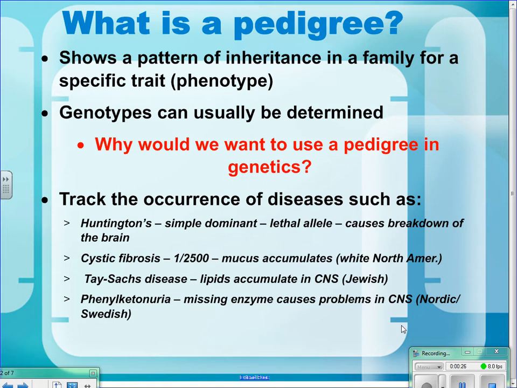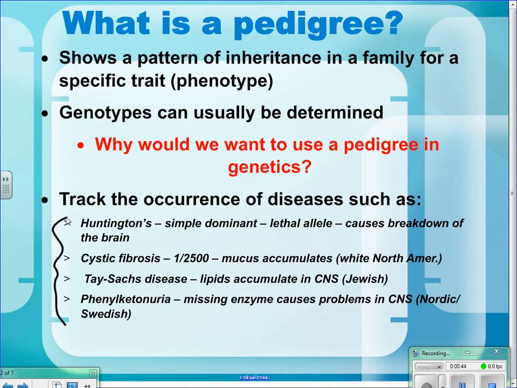Now, what would be some benefits to using a pedigree? One of the big benefits that medical professionals use is to track the occurrence of diseases. There are a couple examples of diseases right here, so take note of a couple of these.